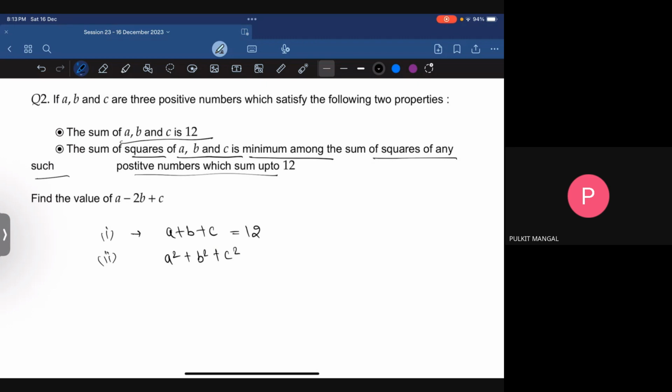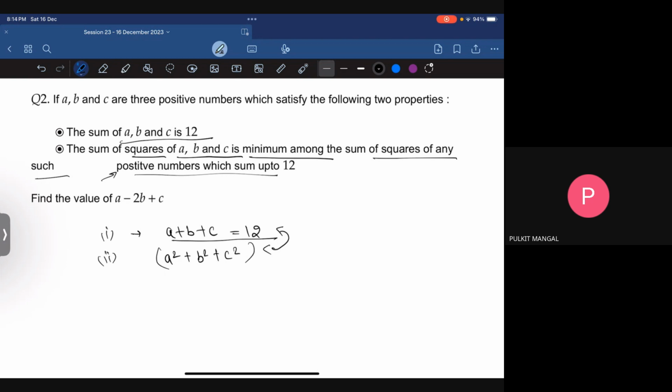So these two conditions should be satisfied simultaneously: a plus b plus c has to be equal to 12, and the sum of their squares should be minimum among any such numbers which sum up to 12, and they have to be positive. Remember this.